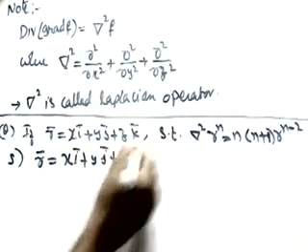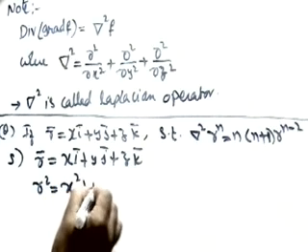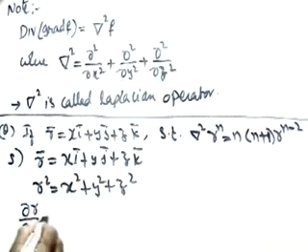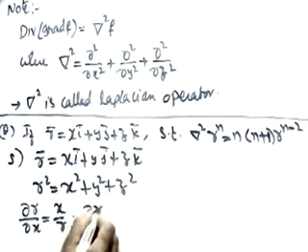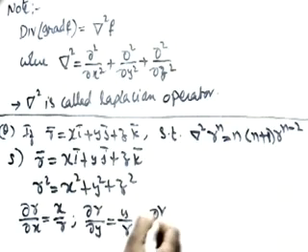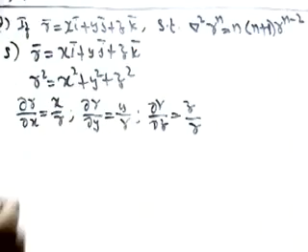Vector r is xi plus yj plus zk, whereas r square is the magnitude square, that is x square plus y square plus z square. Now we have differentiated this with respect to x. We got dou r by dou x is x by r. We already did these steps in the previous class. Dou r by dou y is y by r and dou r by dou z equals z by r.